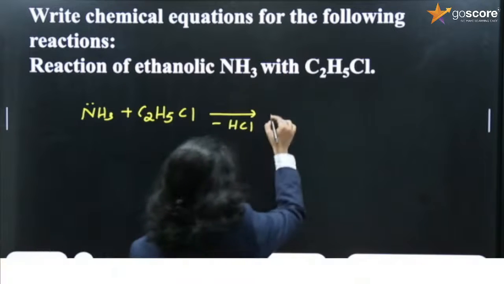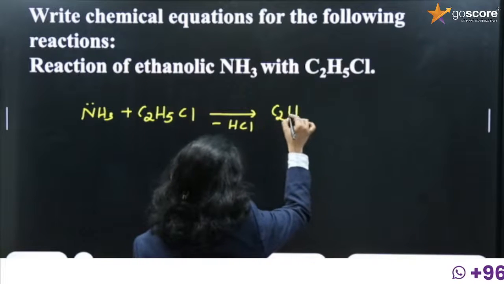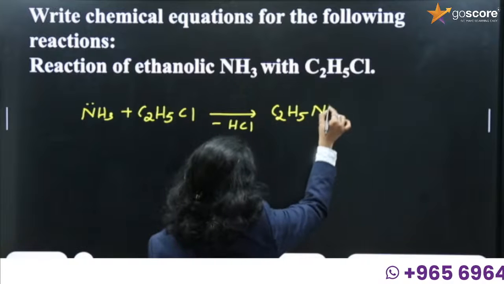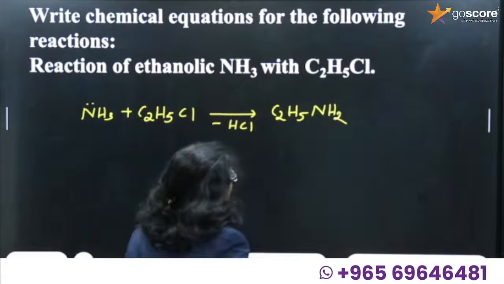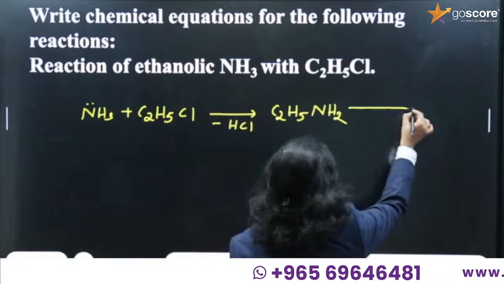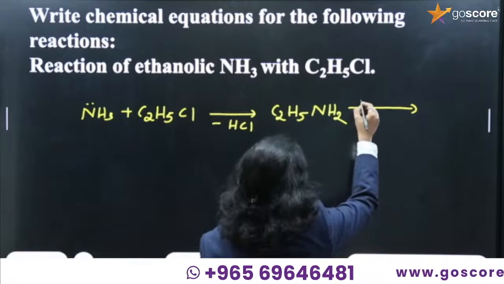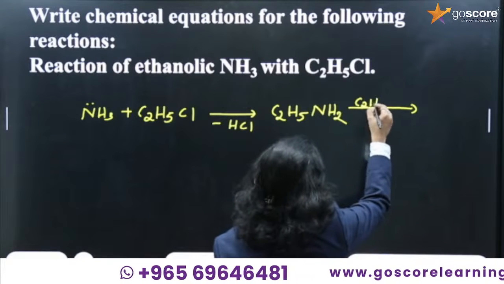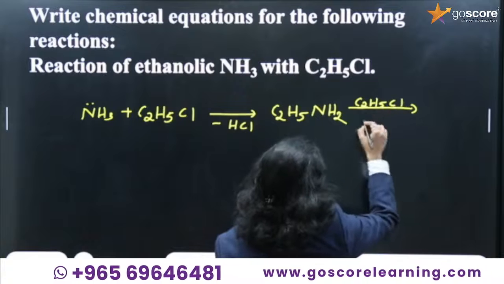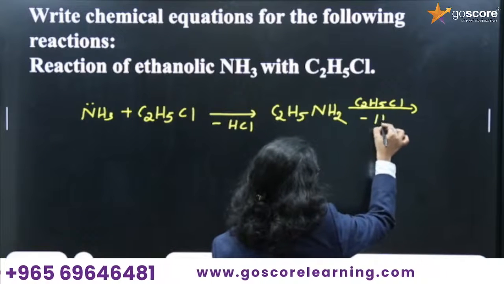Then you will get C2H5NH2. Again we are adding C2H5Cl.